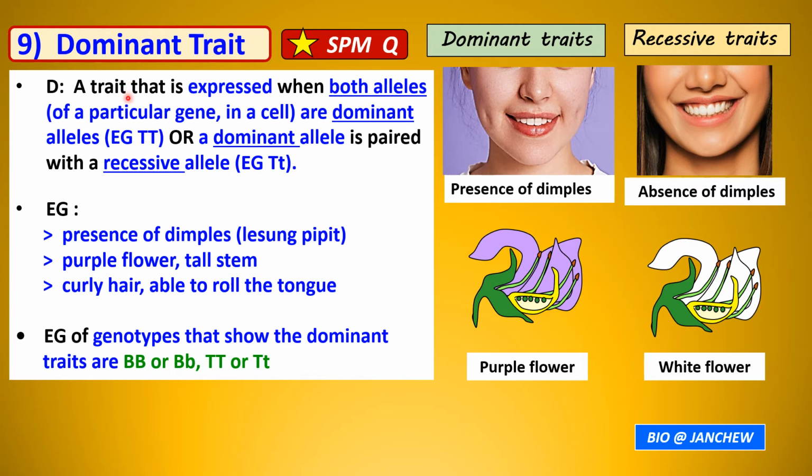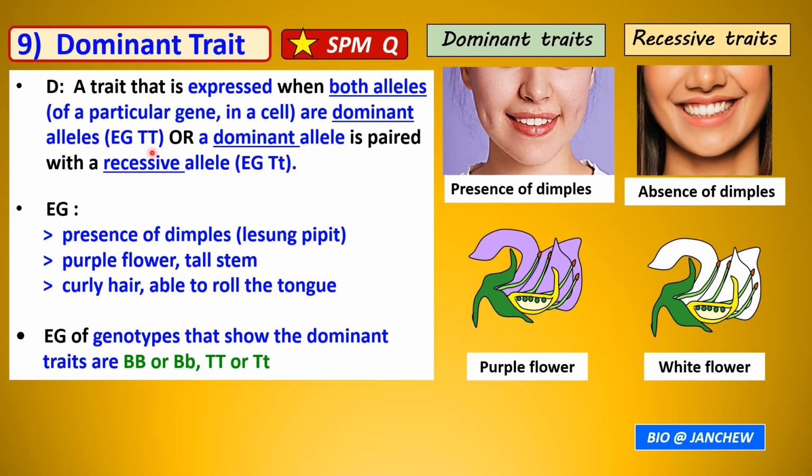So it's a trait that is expressed when the organism is homozygous dominant, for example, having the genotype big T, big T, or heterozygous, having one dominant allele and one recessive allele. So you can see here that in both organisms, the dominant allele is present, right?